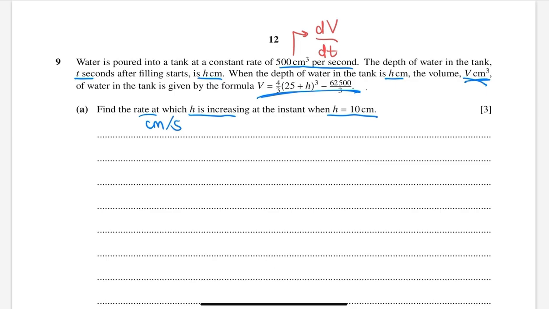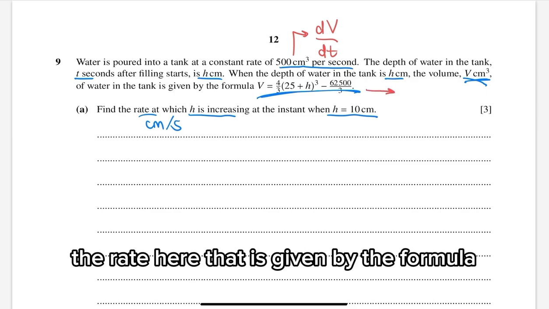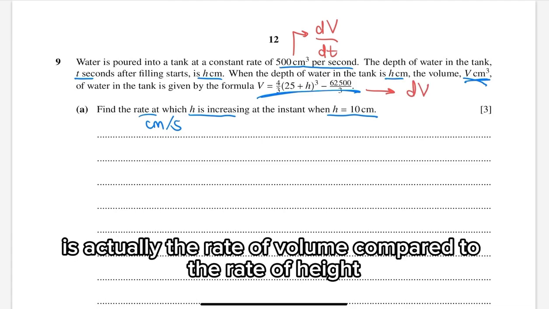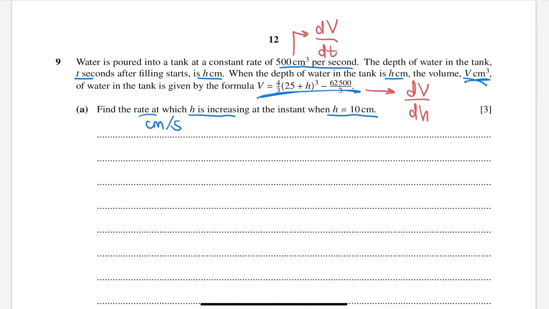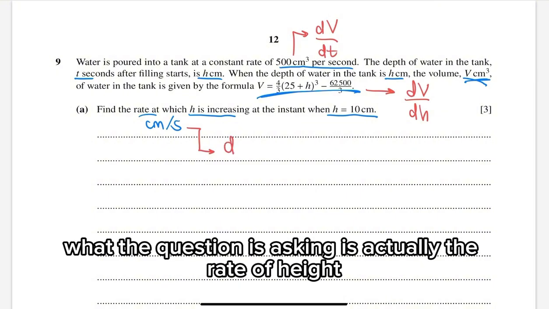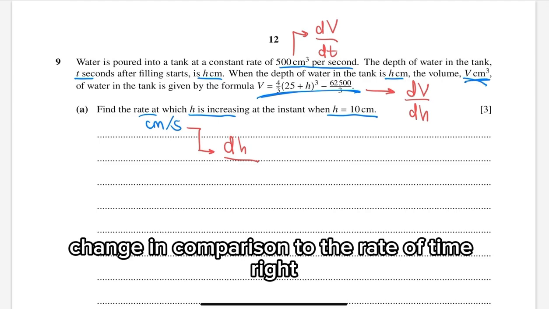And the rate given by the formula is the rate of volume compared to height change. And what the question is asking is the rate of height change compared to time, right?